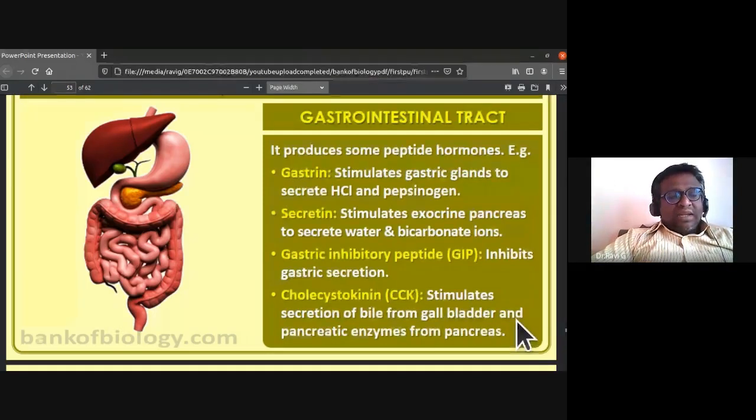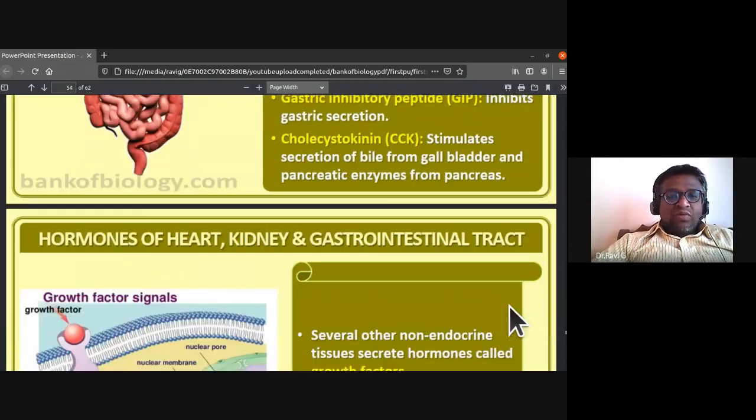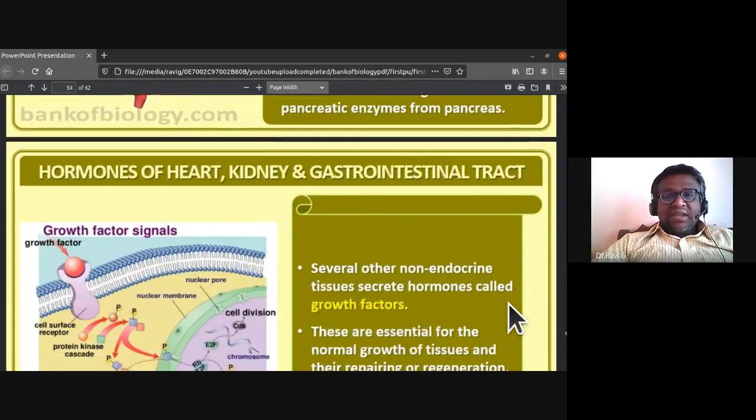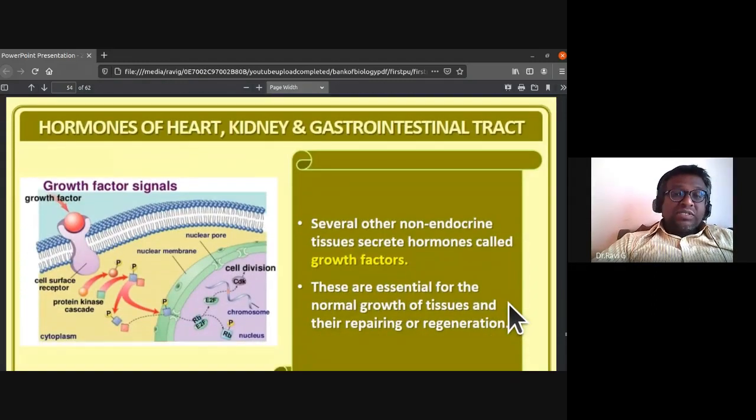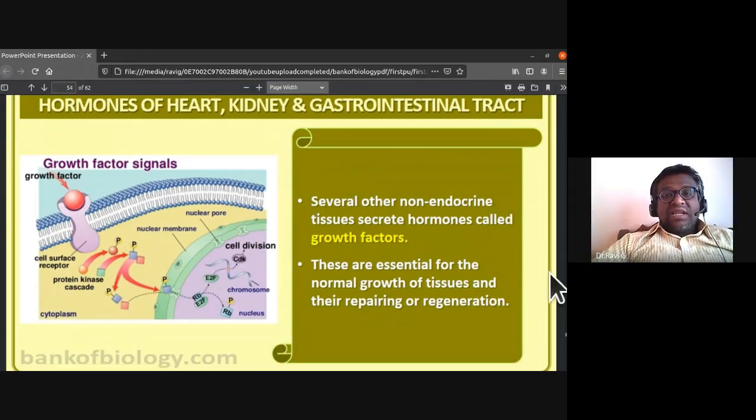So the cholecystokinin hormone is going to stimulate the secretion of bile from gallbladder and pancreatic enzymes from pancreas. Okay, so that is the role of hormones secreted by the gastrointestinal tract.